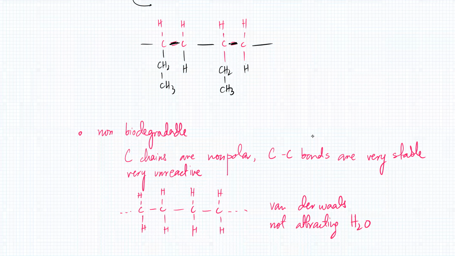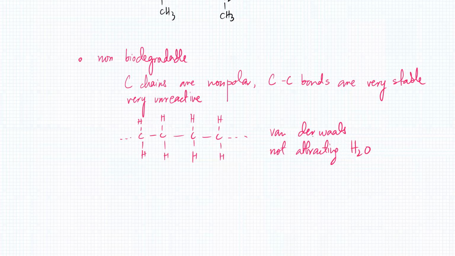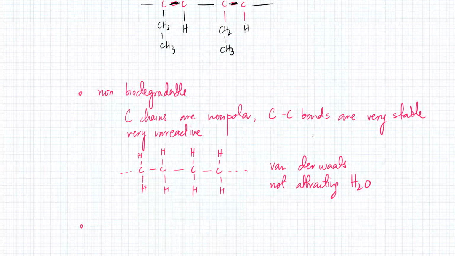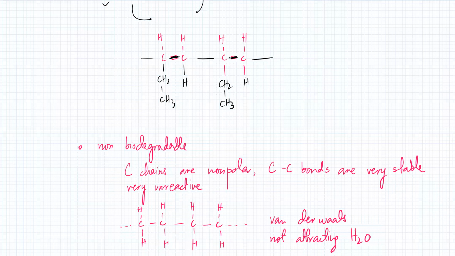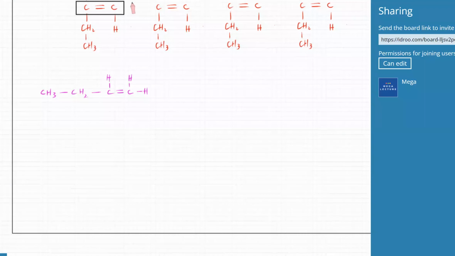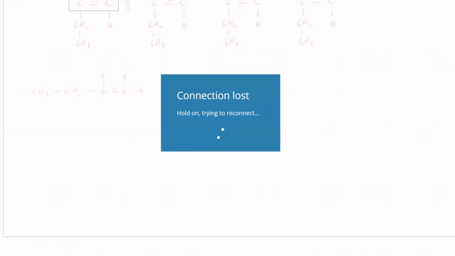So all these polymers, the ones that we have discussed so far, are kind of non-biodegradable, kind of unreactive, not very attracted to water, so not very soluble as well. The other property is that the carbon chain can have many side chains.